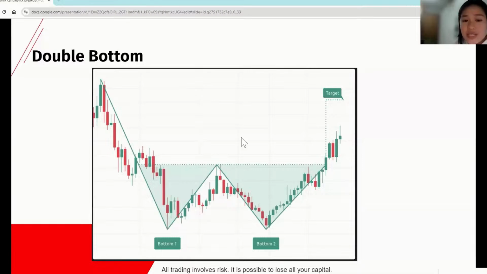This is what we call our intermediate low. So your target, again, would be about the same distance here. If you count the boxes from the neckline to your target, you can see it's 1, 2, 3, 4, 5. The height of the bottoms here is 1, 2, 3, 4, 5. So it's about the same distance. That's where you should place your take profit.